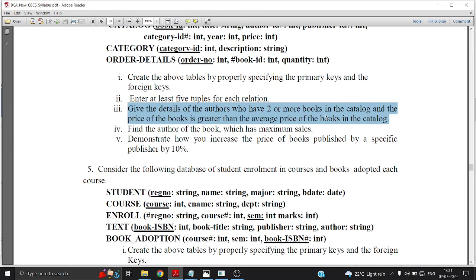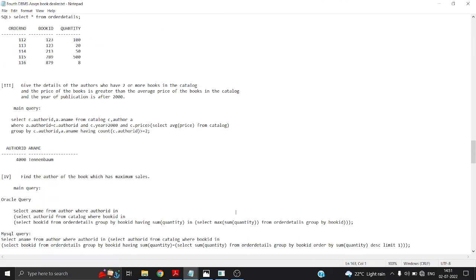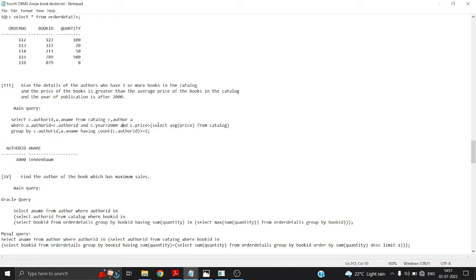According to this, we have written the query. The query that I am going to execute over here is, now look at this particular query.